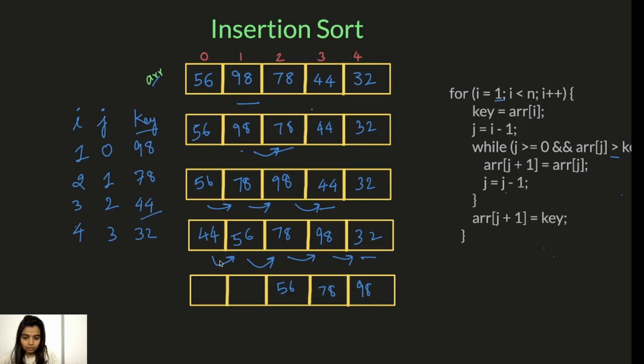Yes, it is. So we shift it, and 32 goes in front of 44. So finally we have iterated through all the values in the array, and we have sorted them by taking each element and shifting it to the right position before it. So we have successfully sorted our array using insertion sort.